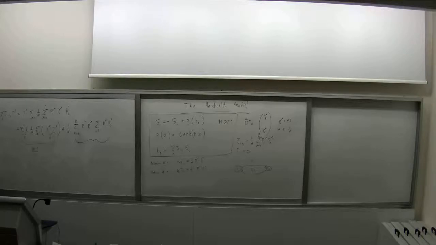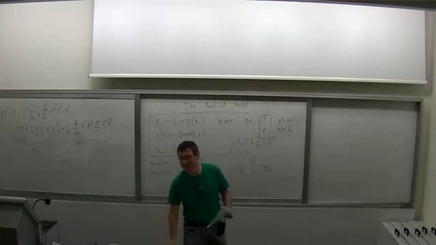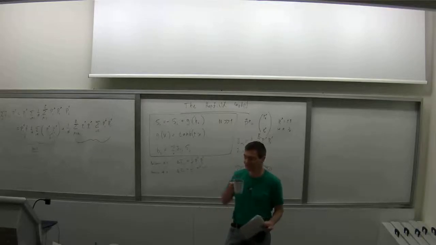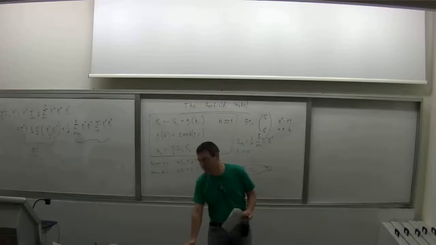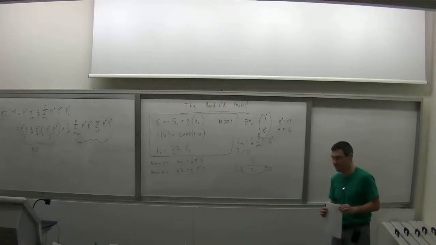We need to compute the probability that this term is positive. How do we do that? You had a suggestion previously. You said something about the central limit theorem, if I remember.